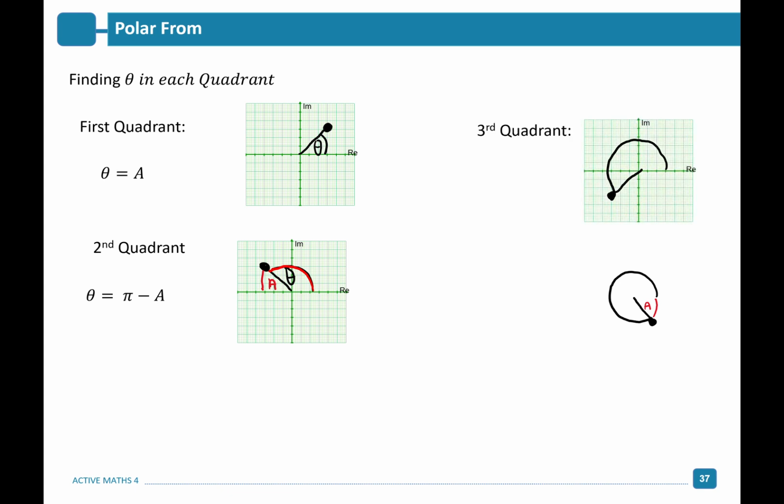If your complex number lies in the third quadrant, theta, your argument, is pi plus a.